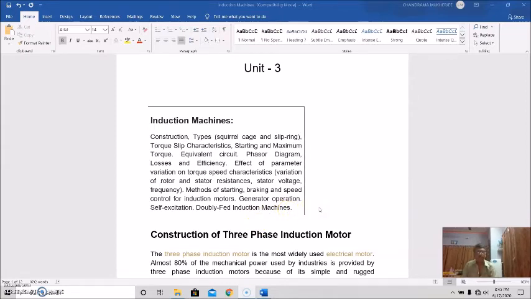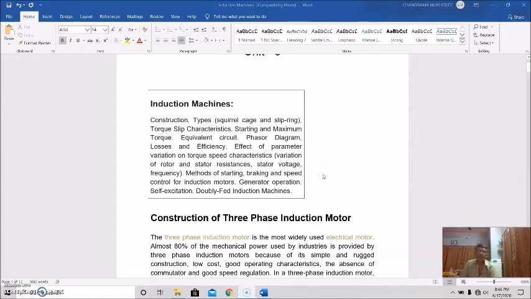And we will mostly follow the textbooks, as I told you, whose names I have given as references. Electrical Machinery by P.S. Bimbhra of Khanna Publishers, Electrical Machines by Nagrath and Kothari by Tata McGraw Hill, Alternating Current Machines, and Fundamentals of Electrical AC Machinery by Langsdorf.